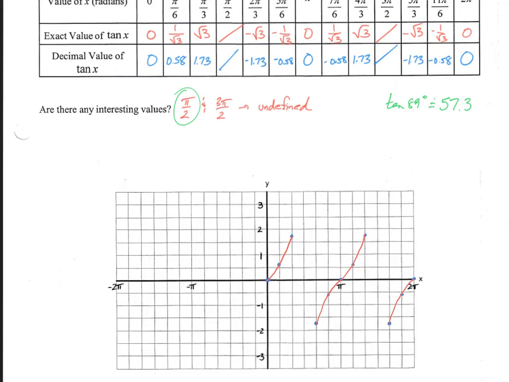So let's go back a little bit. What if I was to ask you to calculate what the tan of 80 degrees was? You're going to see that you get approximately 5.67. That seems more manageable. And so if I was to be just a little bit to the left of pi by 2, I would have a point up here somewhere that would exist at 5.67.